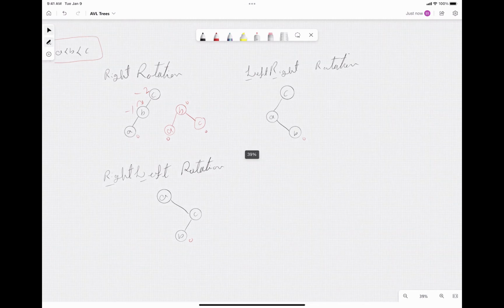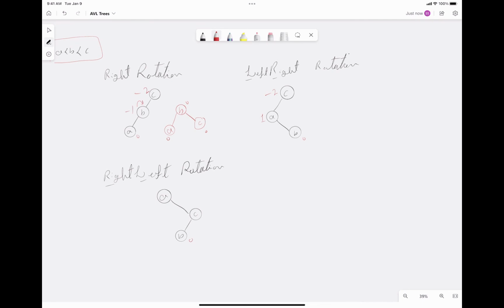For A, we have the balance factor of 1, because from the right side it has a height of 2, from the left side it has a height of 1. And the balance factor for C is going to be -2, because from the right side it has no children, so its height is 0, and from the left side it is 3, so 0 minus 3 is -3, and the balance factor is -2 as the height difference shows: 1 minus 3 is -2.